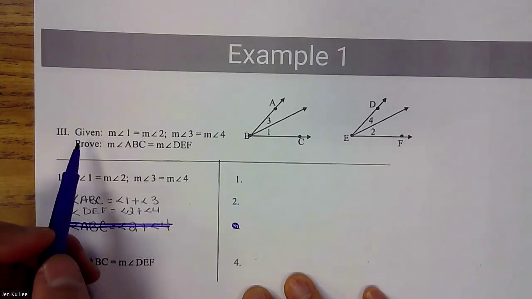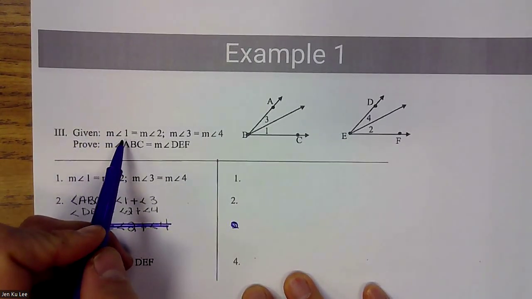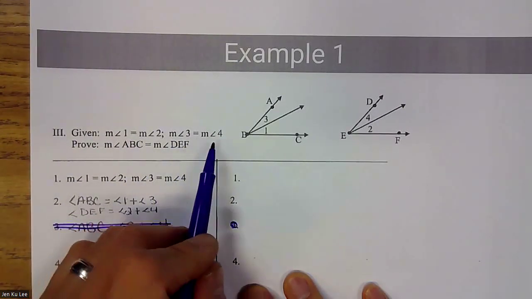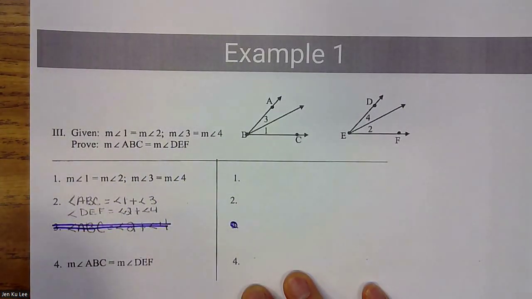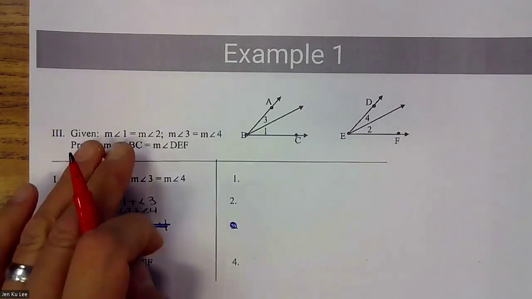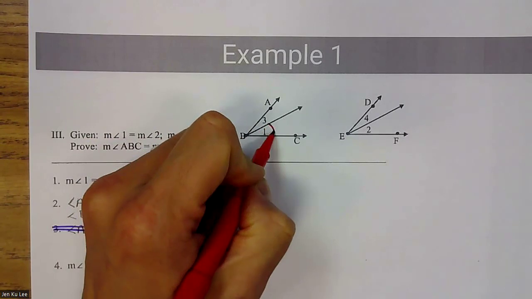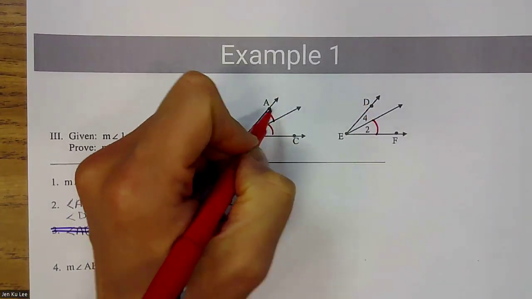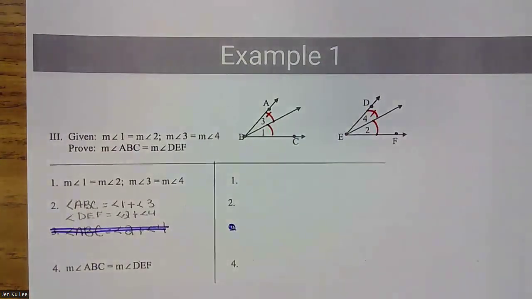So we're given the fact that angle 1 is equal to angle 2, and measure of angle 3 is equal to measure of angle 4. Once I see that, class, I'm going to draw the given out on my figure.